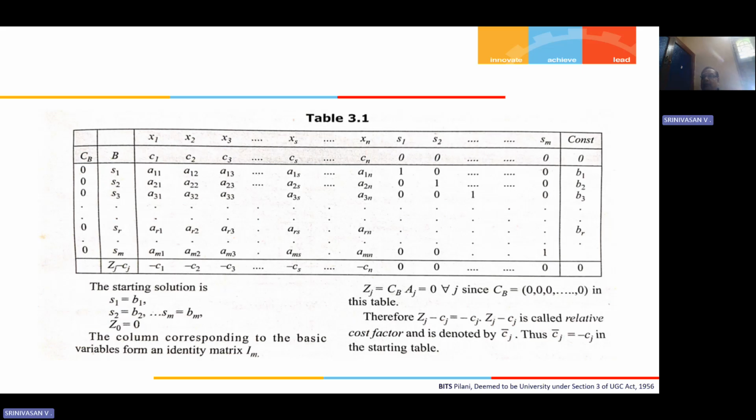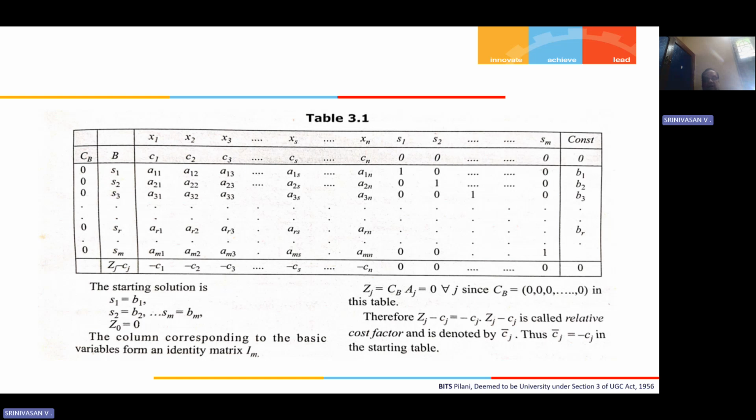You know very well that the coefficients of the slack variables are 0, 0, 0. The same thing you have written here will be here also. And the constant: you know very well that the objective function Z will not have any constant on the right hand side. You will only have a linear combination of the variables. Therefore, the constant is also 0.